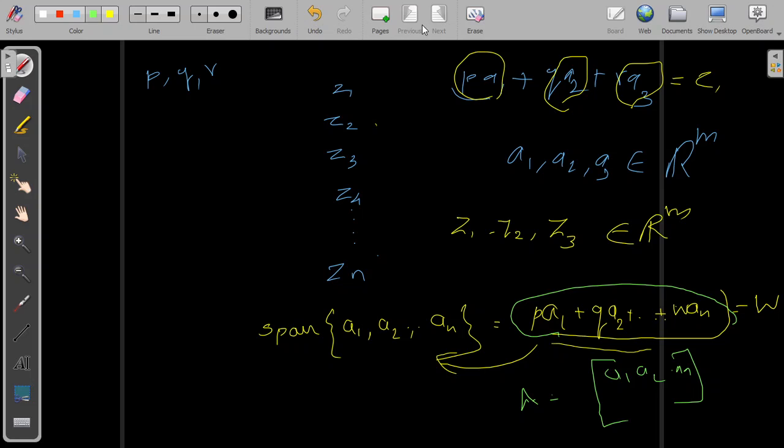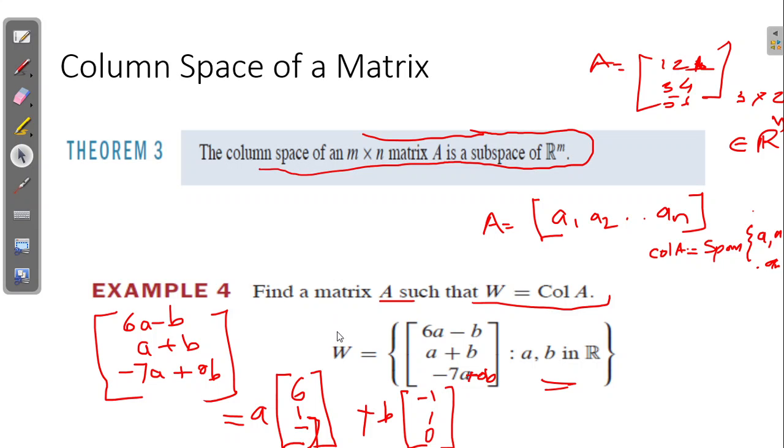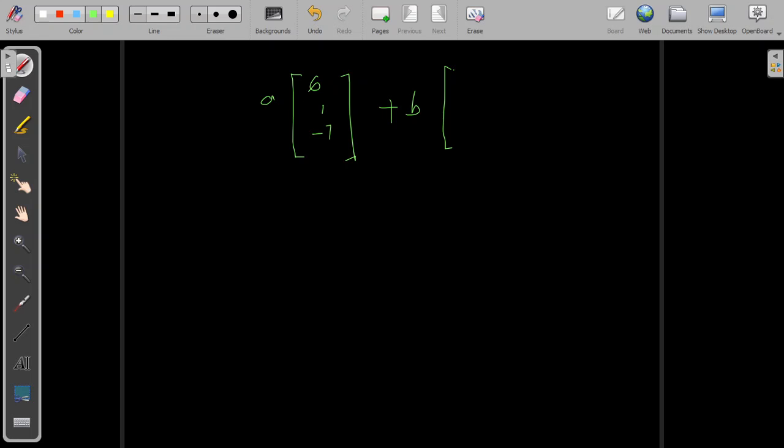I will try to write it more neatly. That is a into (6, 1, minus 7) plus b into (minus 1, 1, 0). Right, this is our W.